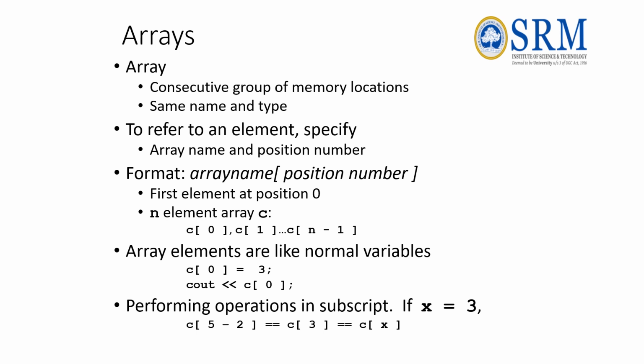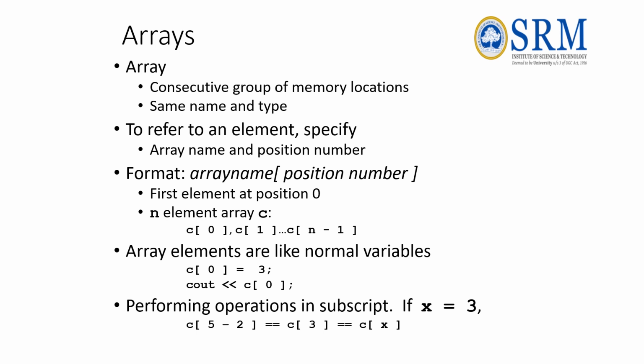When you refer to a particular element or location in the array, you specify the name of the array along with the position number. For example, suppose there are n elements.